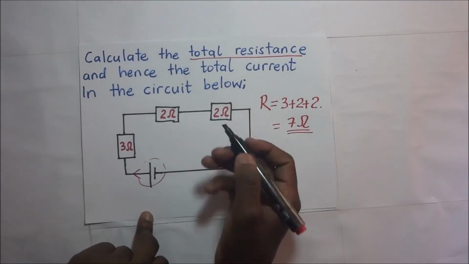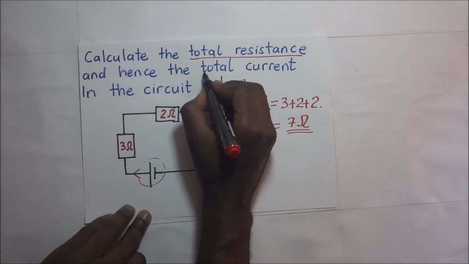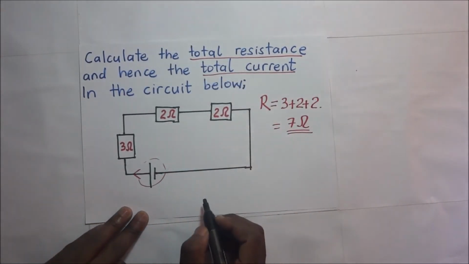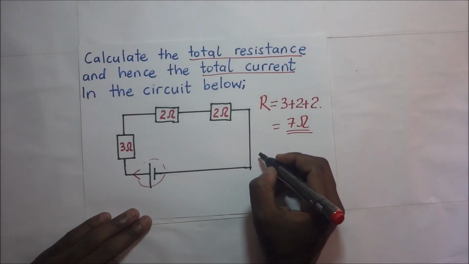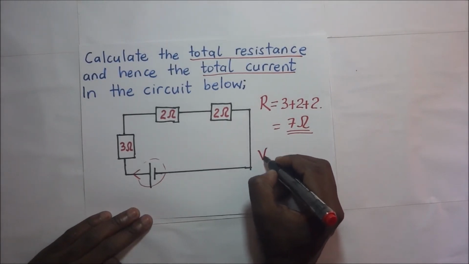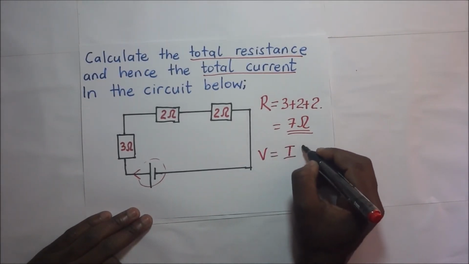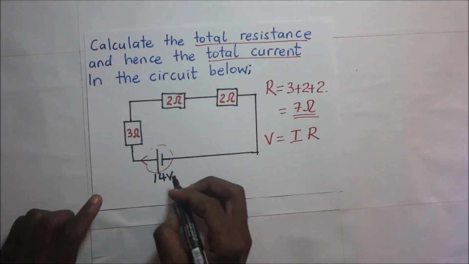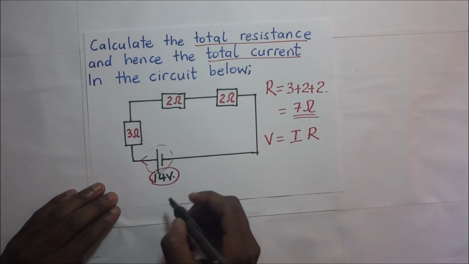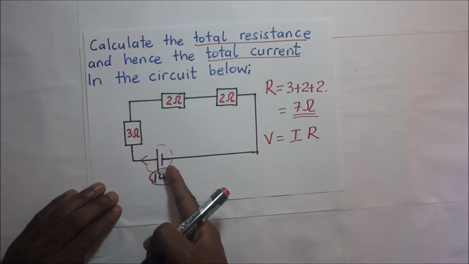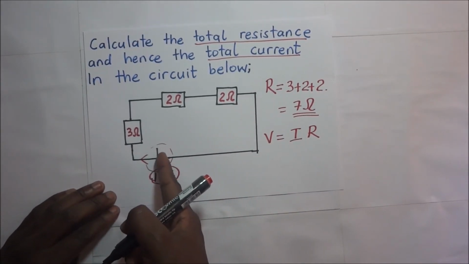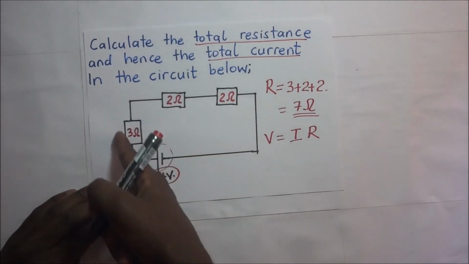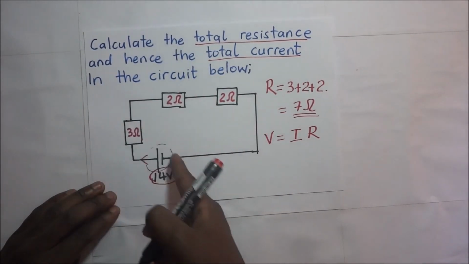Then thereafter we're being told to find the total current in the circuit. Now we know that from Ohm's law, V is going to be equal to I times R. And our voltage, according to the question, is 14 volts. Now this 14 volts is the electromotive force or the EMF of this cell. It means that the total voltage in this whole circuit is 14 volts.